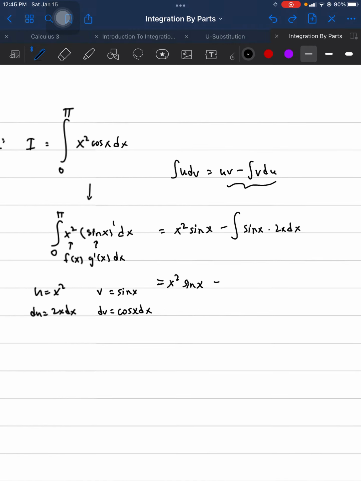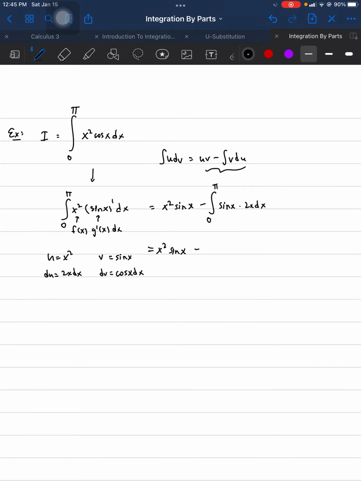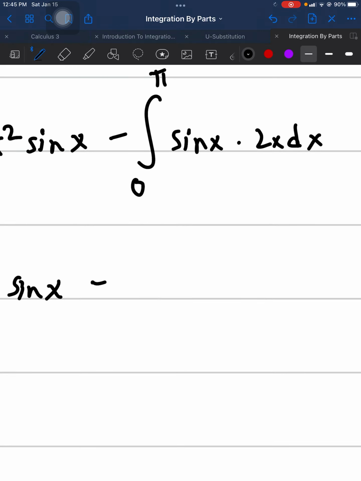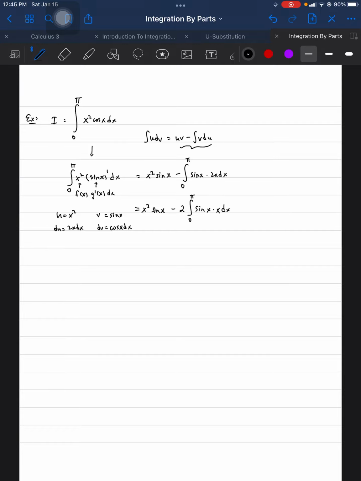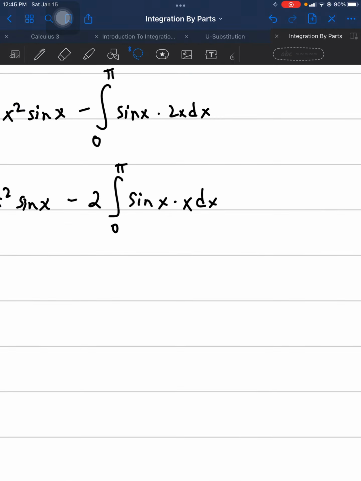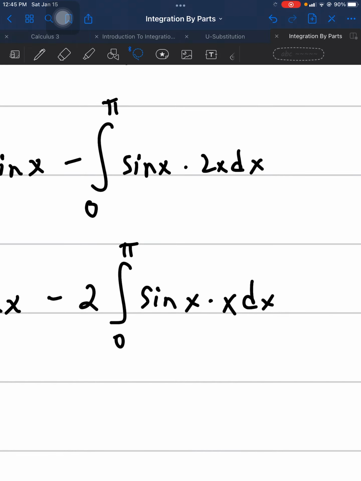I forgot the bounds, which were 0 to pi. So we have 2 times the integral from 0 to pi of sine x times x dx. This is actually simpler, because there's a power of 2 on the algebraic function here, but over here the algebraic function has a power of 1.